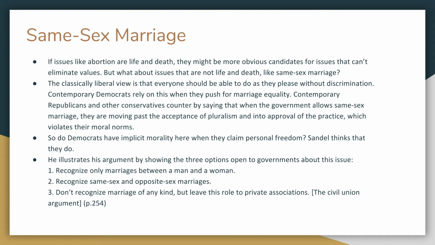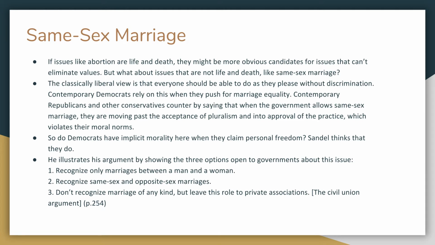They're saying they're not just letting it happen for freedom, they're saying that it's an okay thing to do morally as well. And that violates some conservatives' moral norms. So Sandel argues that contemporary Democrats still have implicit morality when they claim personal freedom.